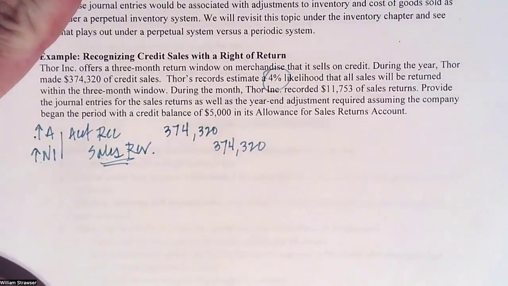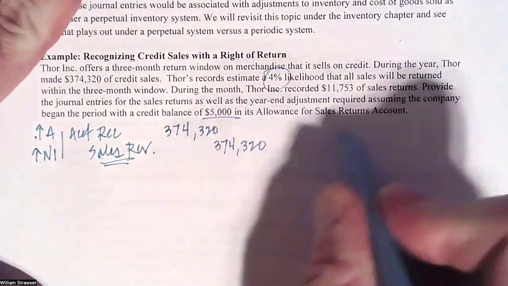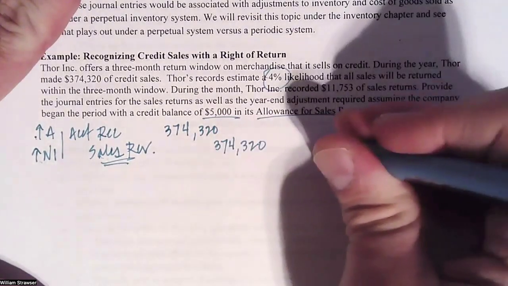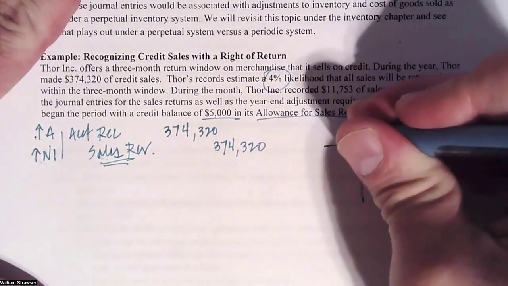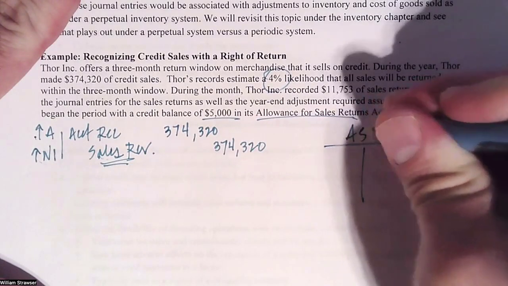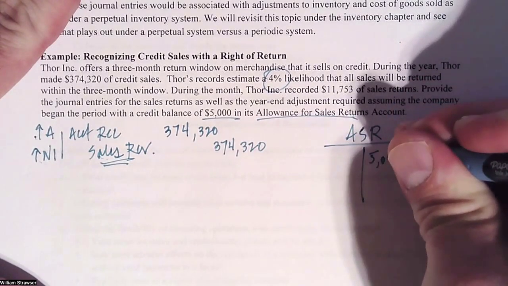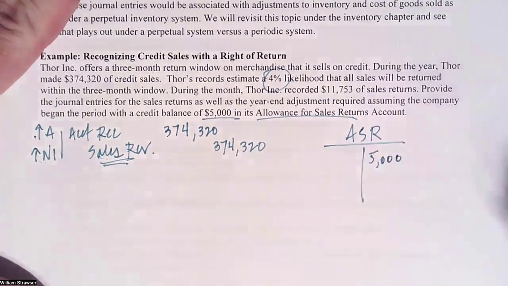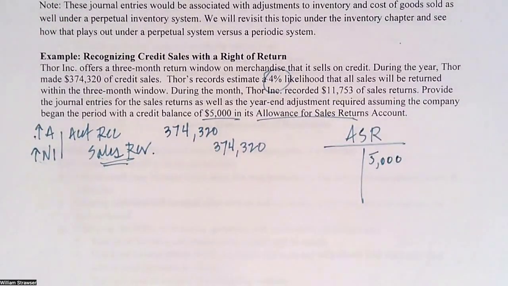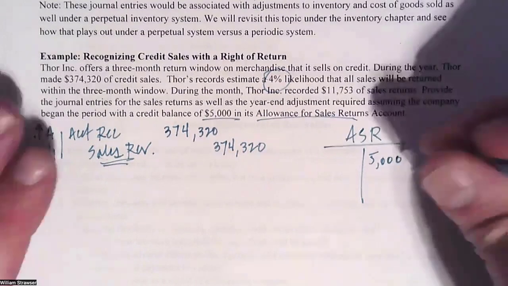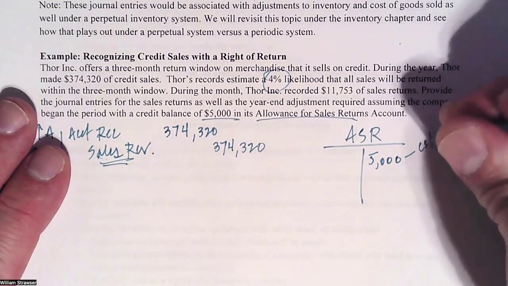But in this case, it has a $5,000 balance in my allowance for sales returns. So the allowance for sales returns is telling me essentially that at the beginning of this period, I still had $5,000 of things that could be returned. Well, I had $11,753 of returns. Remember, this is just my estimate from the prior period.